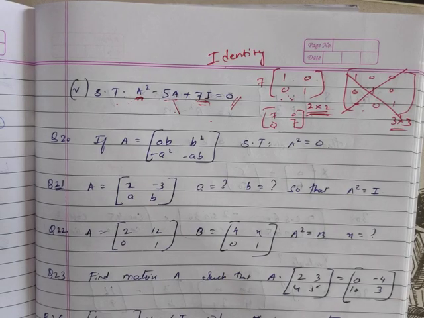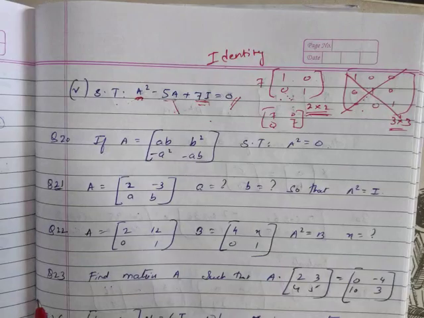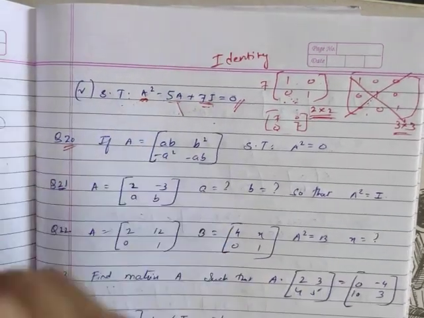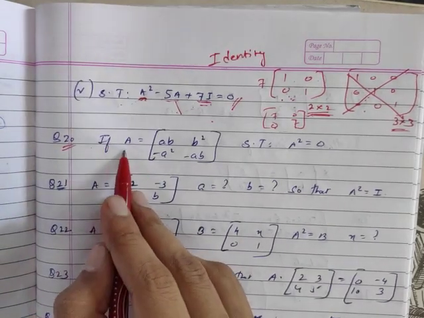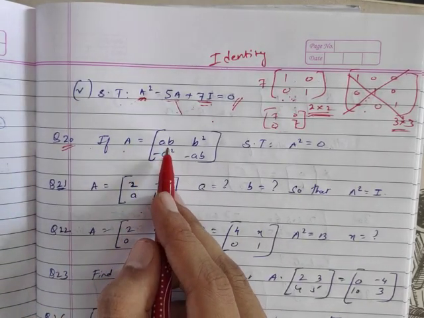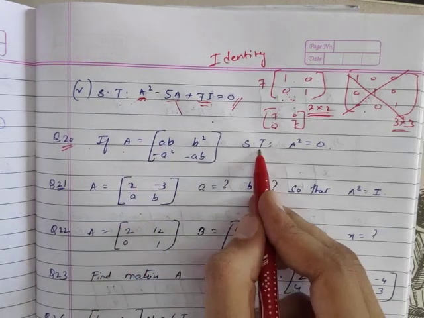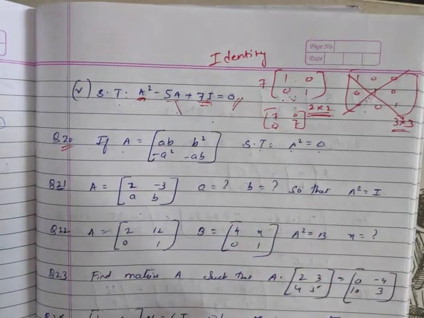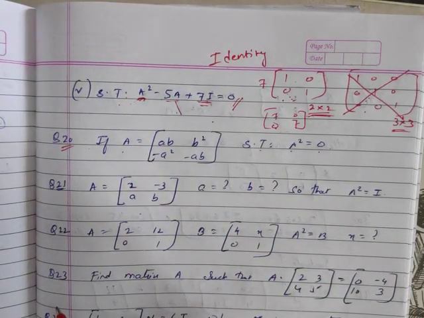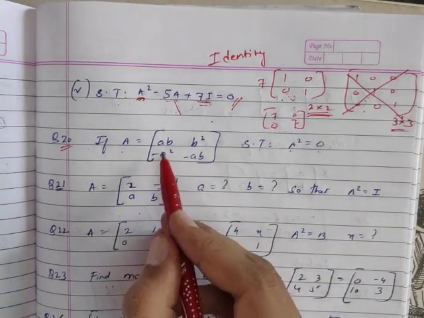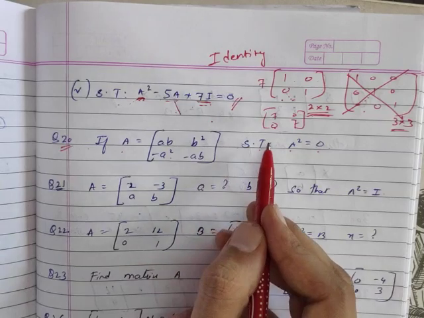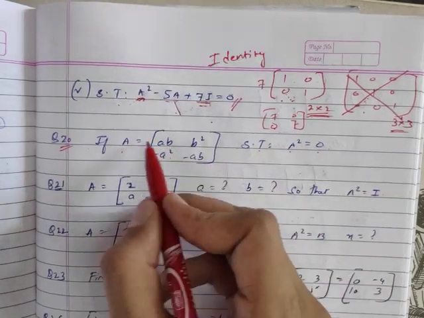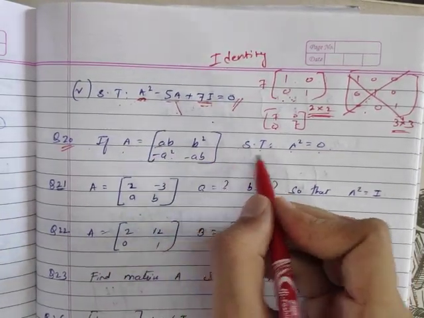Everyone? Chalo, let's go ahead. Last question that we'll see for today. Question number 20 from your textbook. If A is so and so matrix, show that A square is 0. So that means what? Simple. Again, just take this A matrix, write it again, A equals so and so, 2 times, and then start multiplication, row with column, and check.